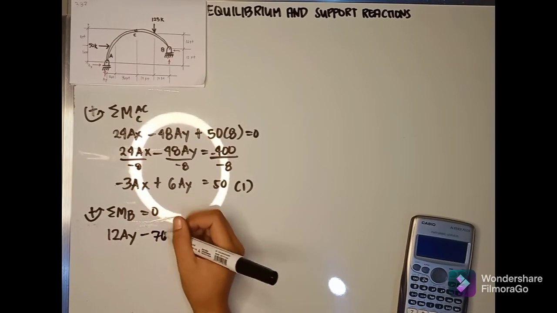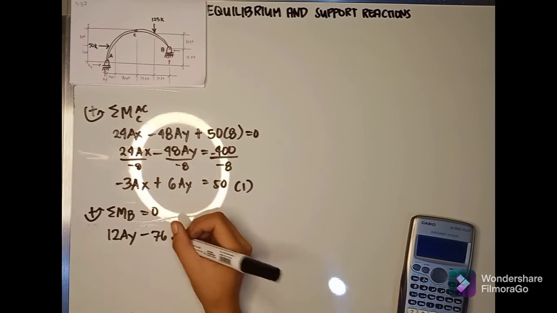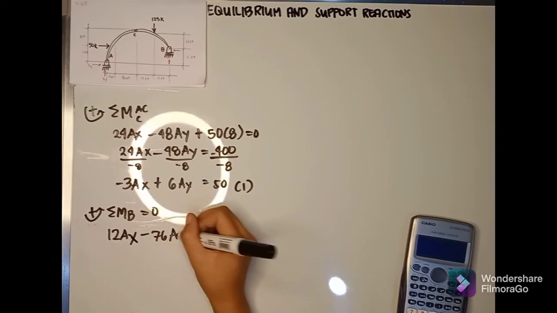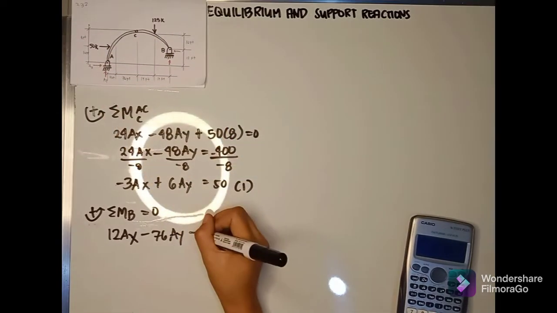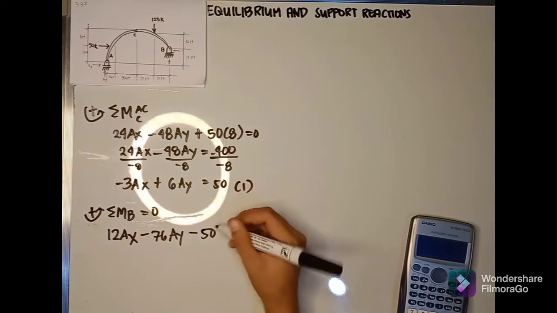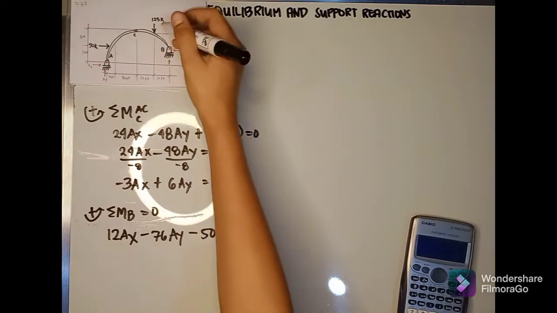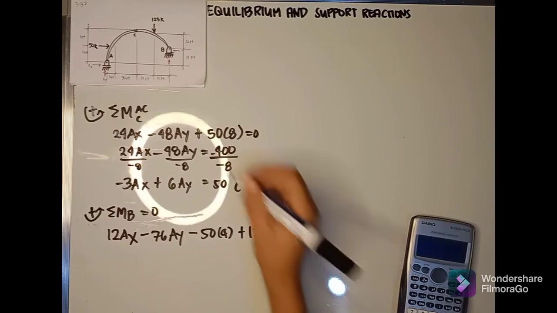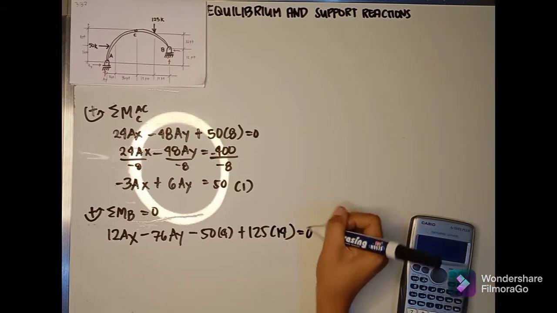Negative 76 times AY because it is clockwise. Then 50 is clockwise, so negative 50, its moment arm is 4, plus 125, which is counterclockwise, times its moment arm of 14, equals 0.